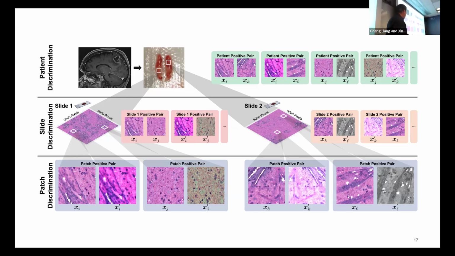So we can also include a patch here and a patch here as a positive pair if they come from the same patient. This is how we can utilize this very large image size to find very natural augmentations just because they're different views of the same tumor, instead of having to handcraft them or change the color or flip them.